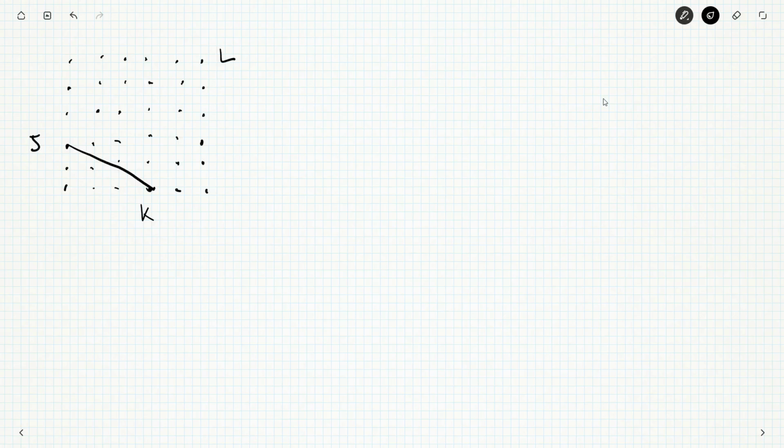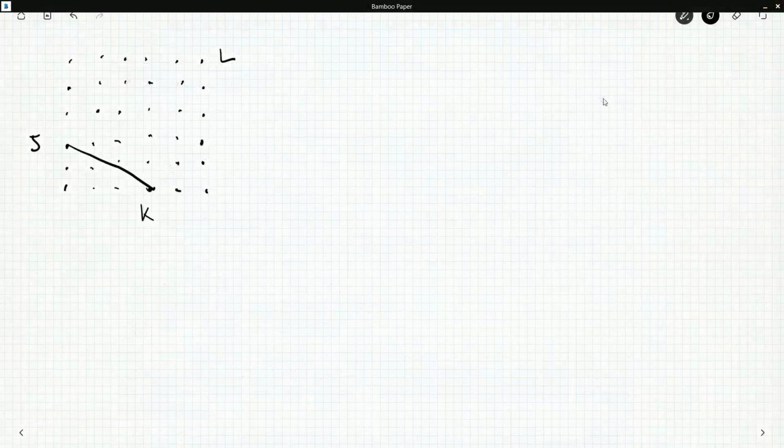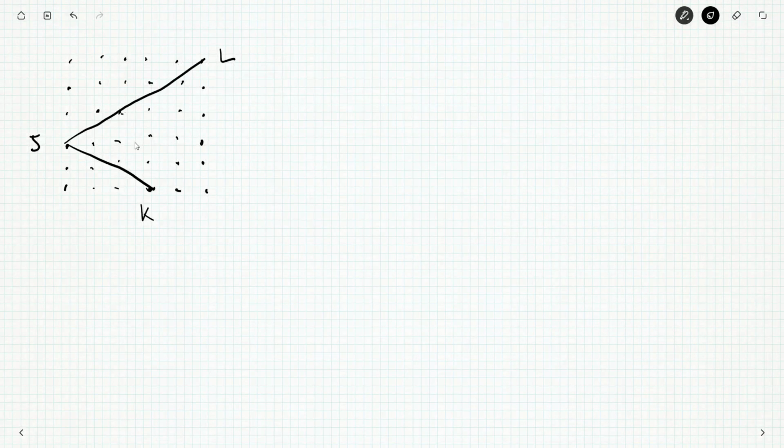Okay, so there's JKL. It narrowly misses everything, so I'm going to have to see if I can draw it narrowly missing everything. Okay.